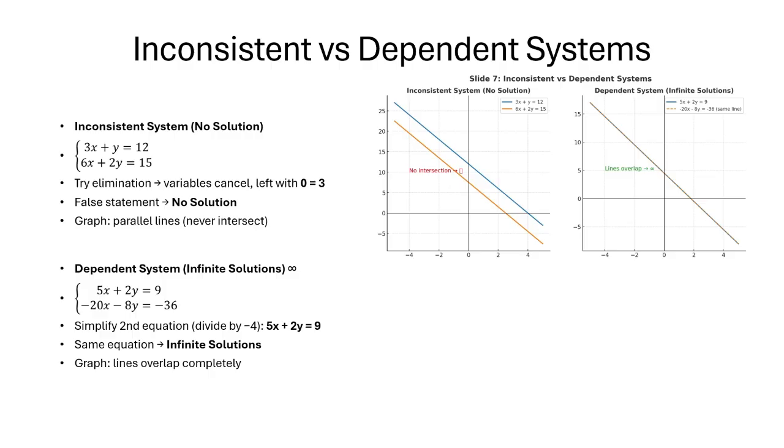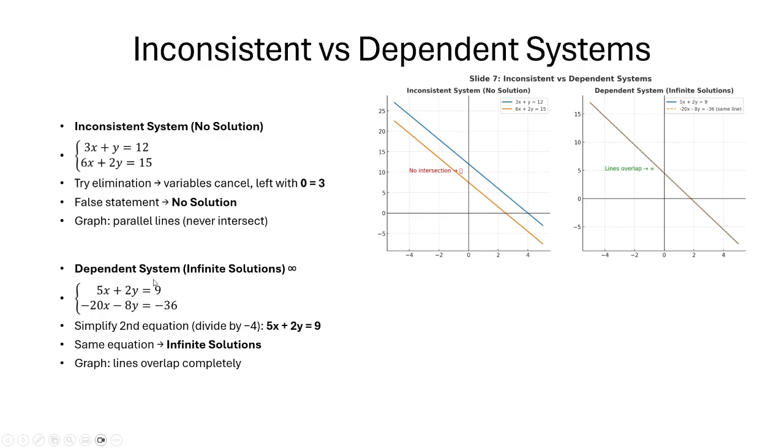So we try the elimination, and then the variable cancels, and we're left with 0 equals 3. And now we have a false statement and it equals no solution. Now the graph is parallel and it never intersects. There's no intersection, it's just parallel.